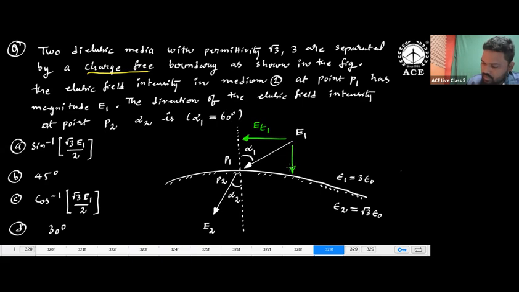Here normal to the interface, I'll call it EN1. This is alpha 1. This is also alpha 1. I resolve into the components like this and like this. Here it is EN2. This one is ET2. Clear, beta? I'm going to turn the page here.